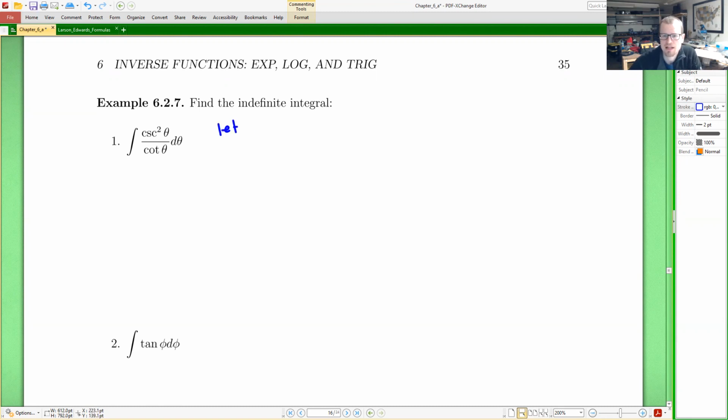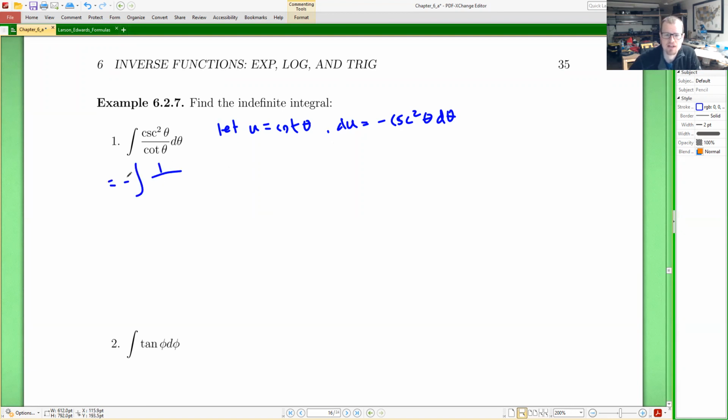So if we let u be equal to the cotangent of theta, then du would be equal to negative cosecant squared theta d theta. So I can observe that here, with the exception that there's a negative sign missing.